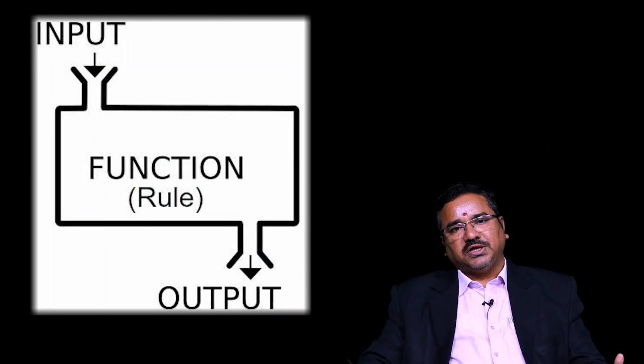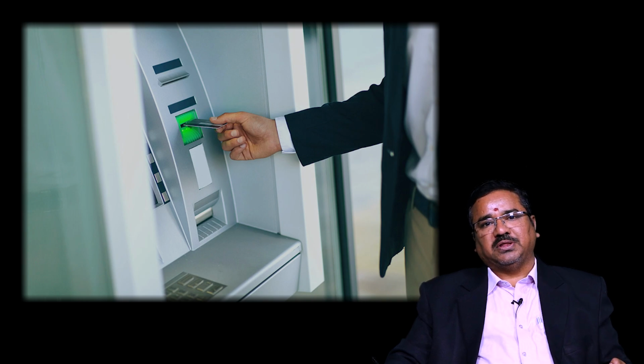Not only that, in our campus Daffodils too, we have a kiosk machine. If you scan and select the item, it will give the required snacks or tiffin. Even for an ATM, if you put your card inside and enter the PIN, based on the availability, it will display the cash.